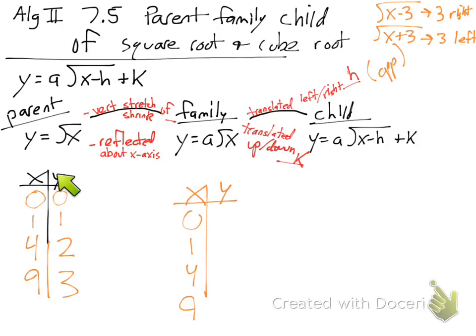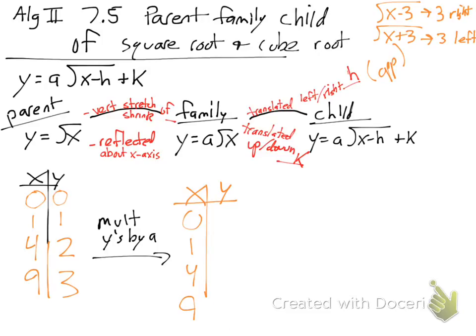What changes is, as I move this way, I am going to multiply the y's by a. So when you're going this way, all I'm going to do is take these y values and multiply them by whatever this a value is, and I put them here.